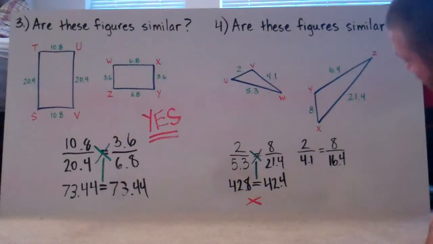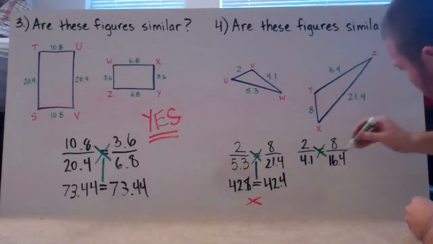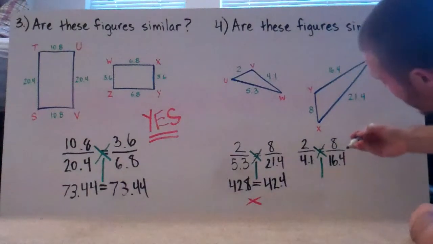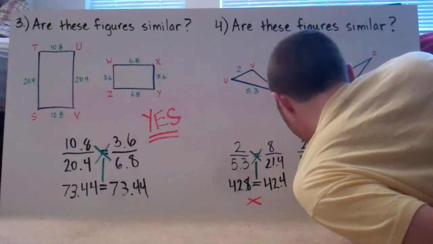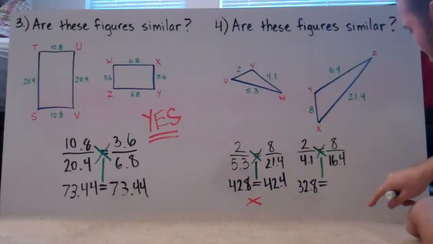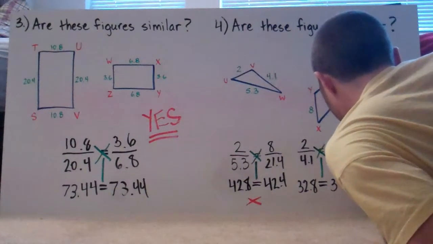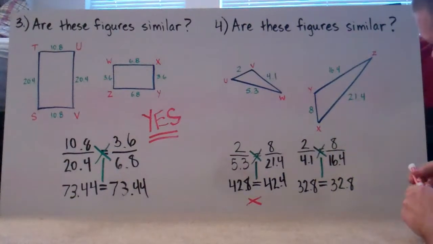Okay, so I'm going to cross multiply. 2 times 16.4 is going to give me 32.8, equals, when I do 4.1 times 8, I get 32.8. So those are equal to each other.